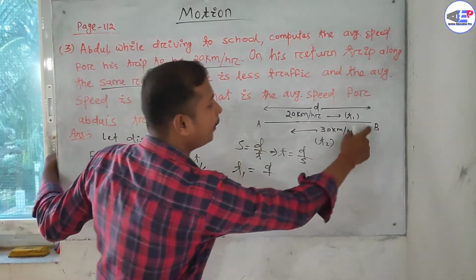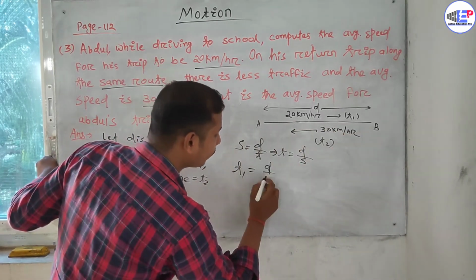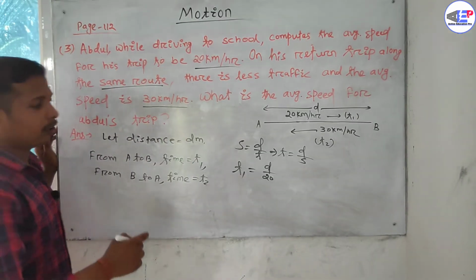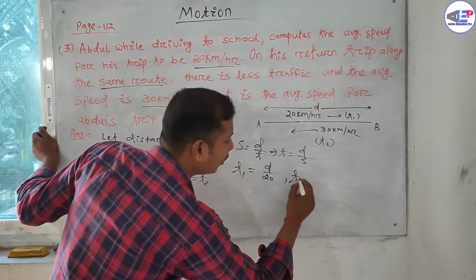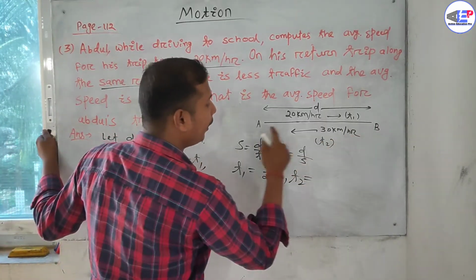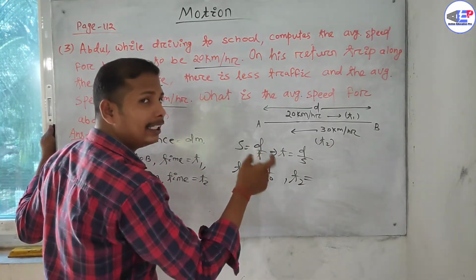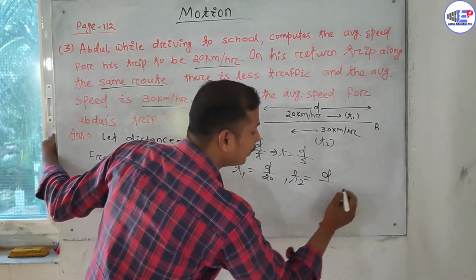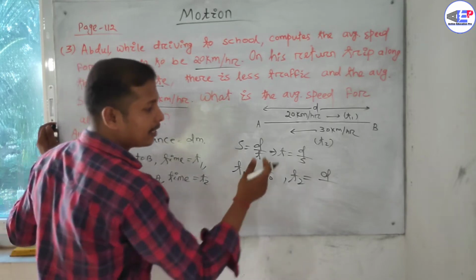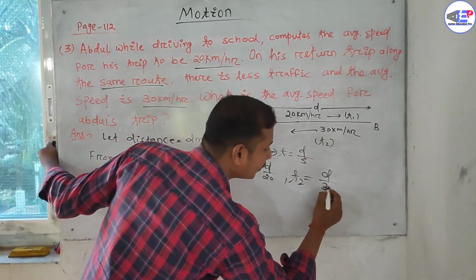From point A to B the speed is 20. Similarly we can calculate the time t2. Time t2 will be distance by speed. From point B to A the distance d is the same, and the speed is 30.